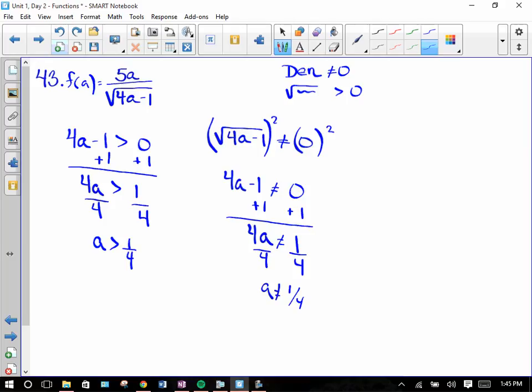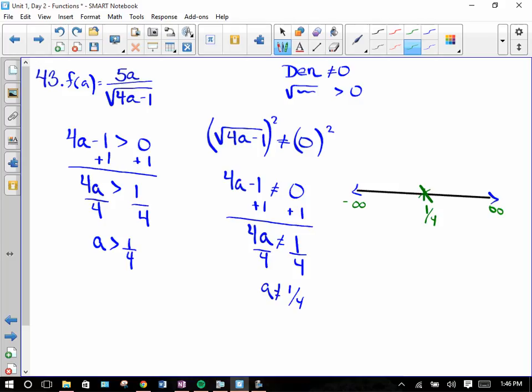Now I want to just take our time to illustrate this on numbers. This says A cannot equal 1/4. So first of all, I'm going to put that in. Negative infinity, positive infinity. 1/4 is in there. It means that A can be any number besides 1/4. It can be any number less than 1/4.